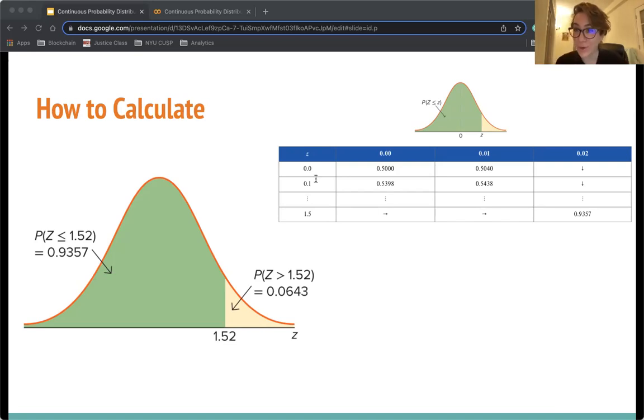Now, because we know which table to use, we're using the positive one rather than the negative one. We would use this table. I just took a screenshot from the appendix, and it's the table that provides the cumulative probabilities under the curve to the left of z, because we're looking for anything that is below this z-score.